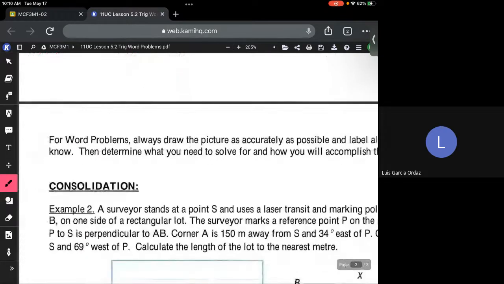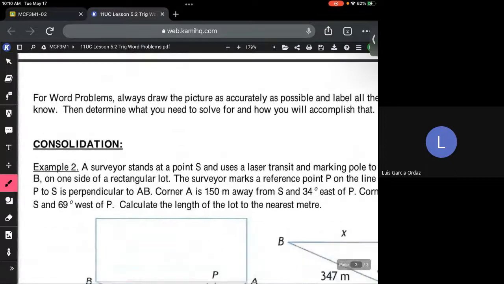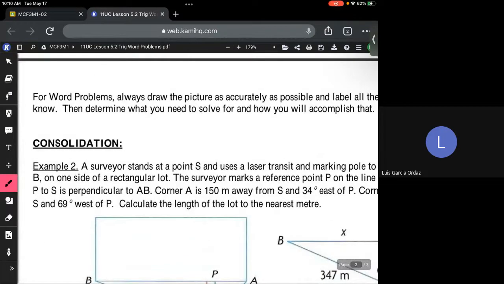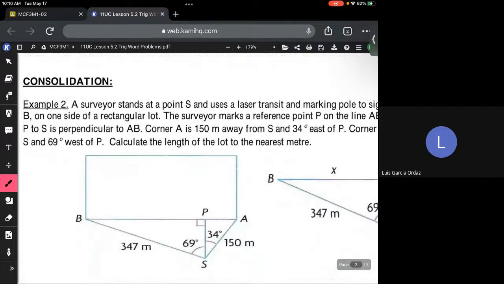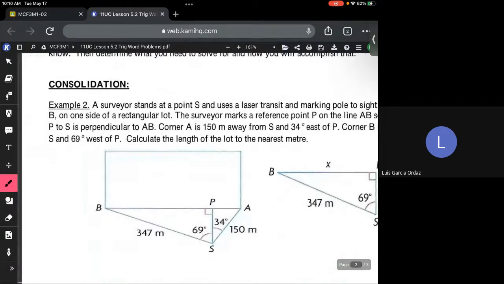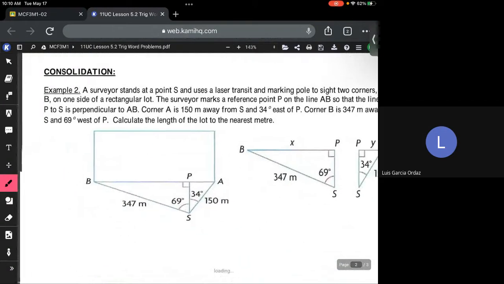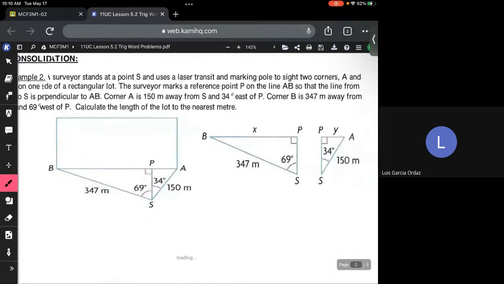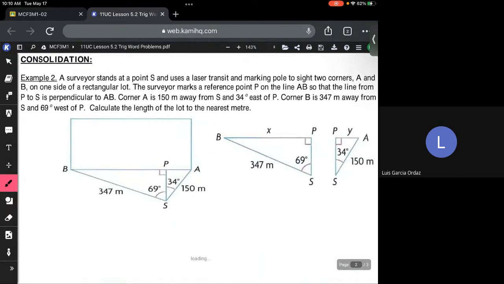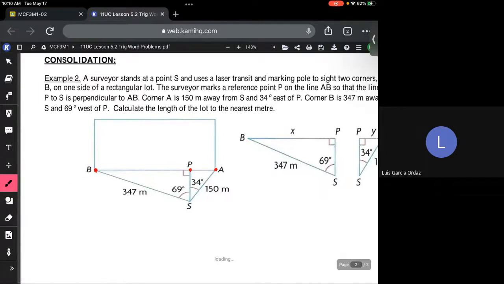For the word problems, sometimes I'll give you the drawing, other times you'll have to draw it yourself. For this one, we have a surveyor who stands at a point S and uses a laser transit and marking pole to sight 2 corners, A and B, on one side of the triangular lot. So these are these points over here. The surveyor marks a reference point P to the line AB, so that the line from P to S is perpendicular to AB. It's a lot of big words.